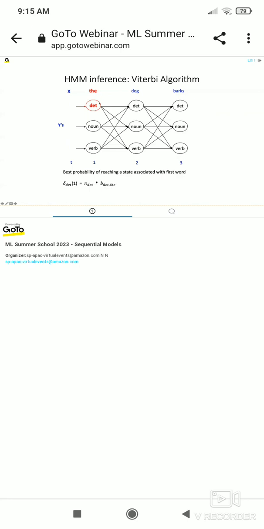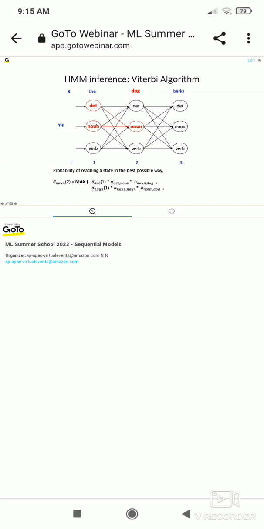And in order to compute the path, we have to multiply by the transition probability, and then reaching the state noun and emitting the symbol dog, which is indicated by the emission probability b noun comma dog. This is the first term, and we have to compute all possible paths.